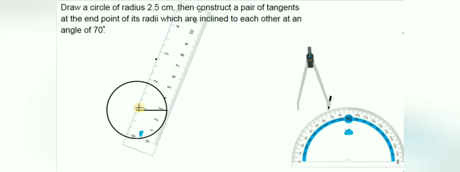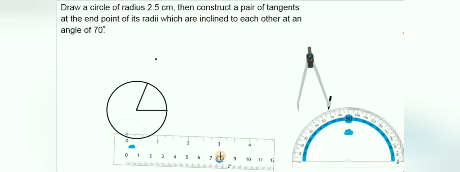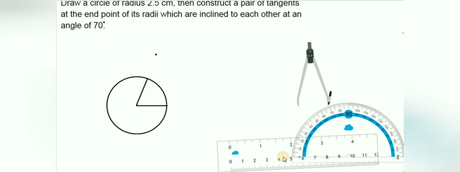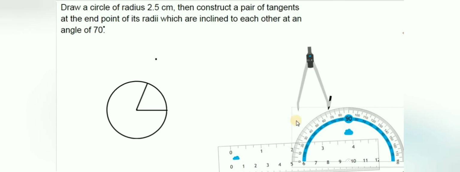Here I have already drawn one radius, and the other radius is here, exactly 70 degrees from it. After this, we have to construct tangents at the end points of the radii. Take the measurement of the same length as the radius.